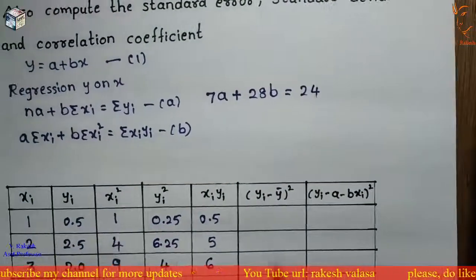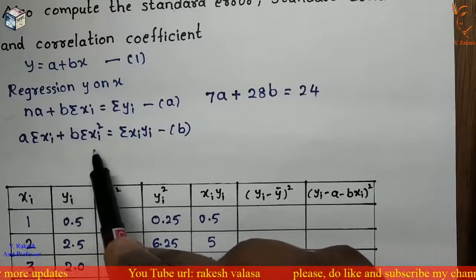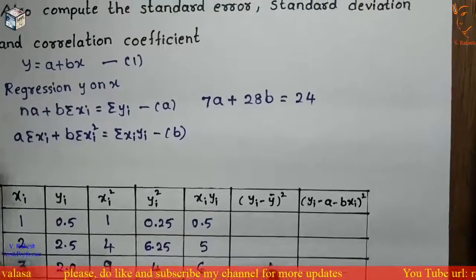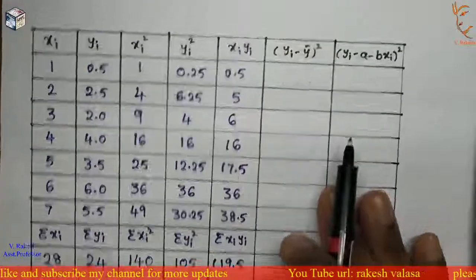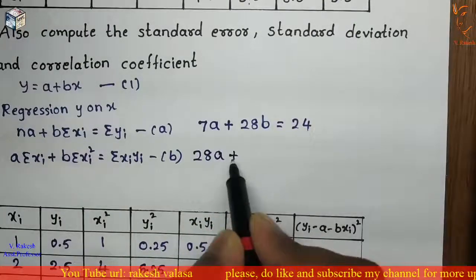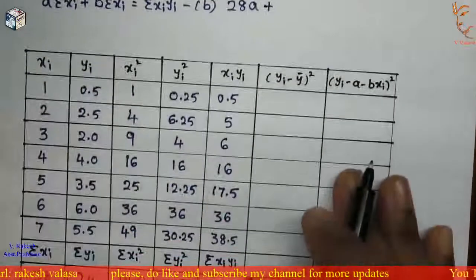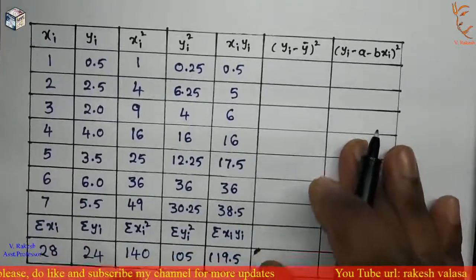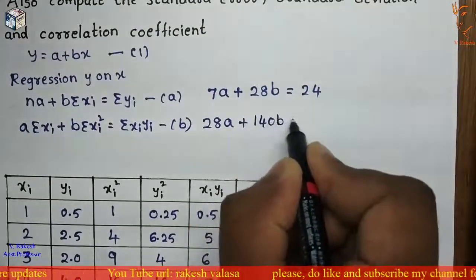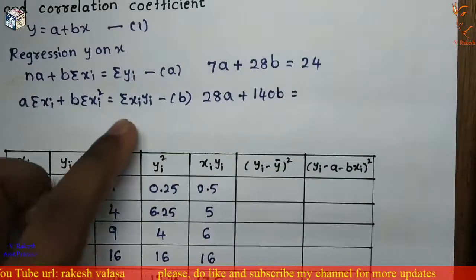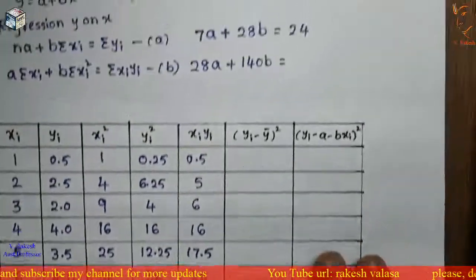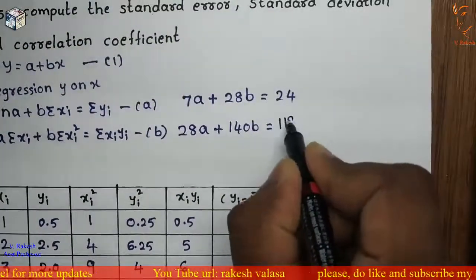Second equation is a summation xi plus b summation xi square equal to summation xi yi. Summation xi means 28, so 28a plus b times summation xi square, which is 140b, equal to summation xi yi, that equals 119.5.